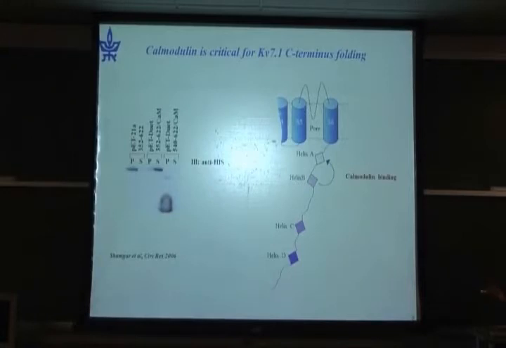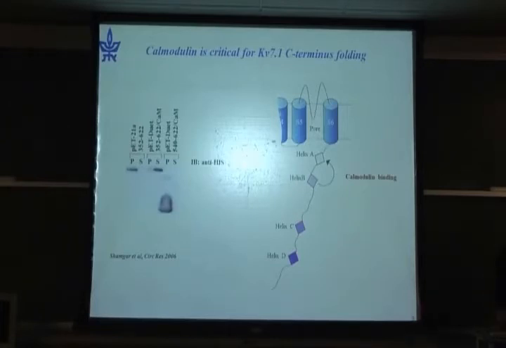When you have this bacterial suspension and you centrifuge, all the protein goes to the pellet. We have almost nothing in the supernatant, so you cannot purify and analyze this protein because it's not a soluble protein. However, if you co-express in bacteria the C-terminus of this alpha subunit of Kv7.1 together with calmodulin, then you get a soluble protein that you can purify and analyze.